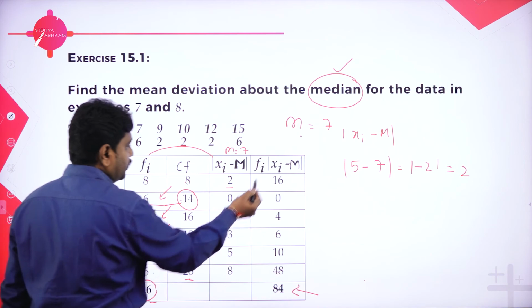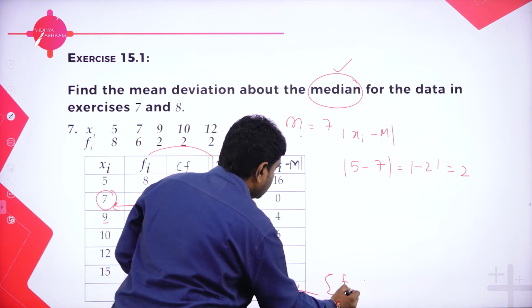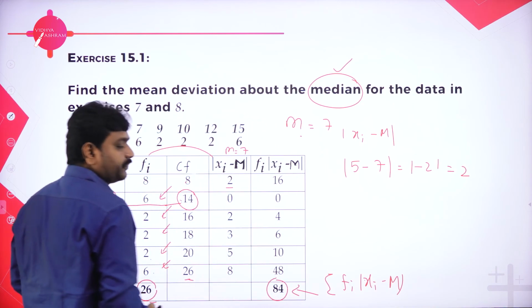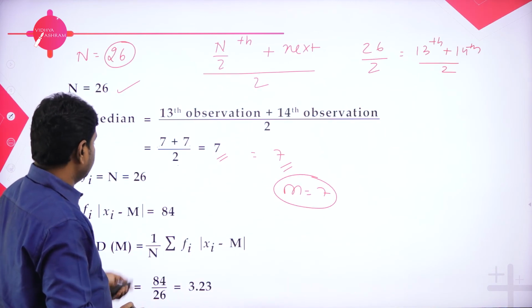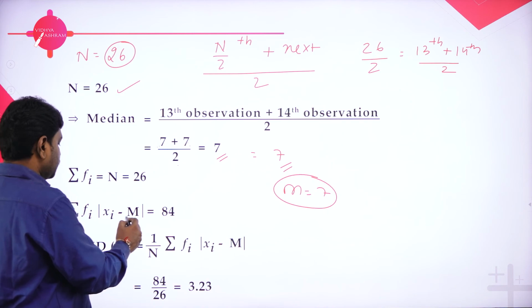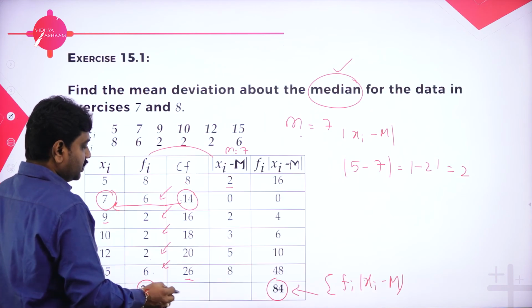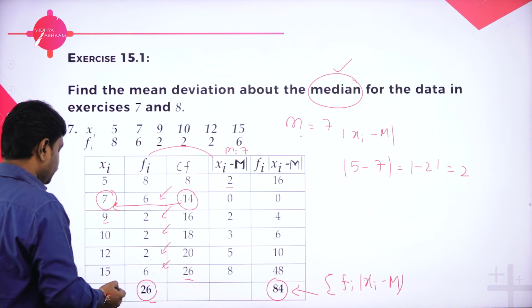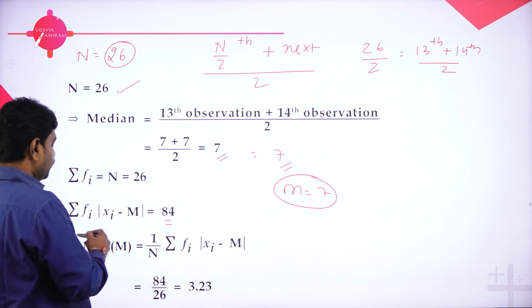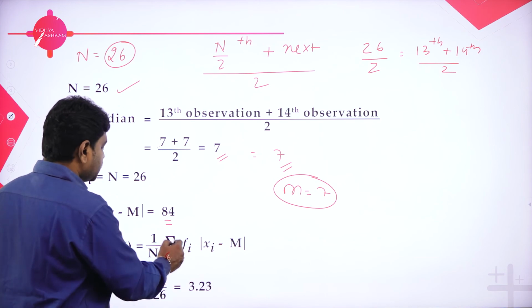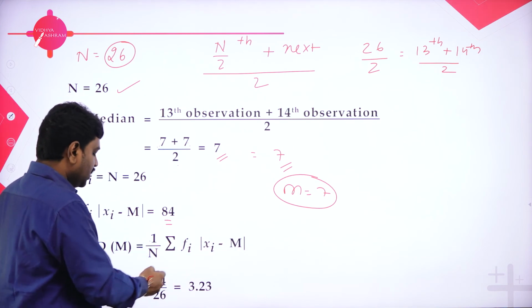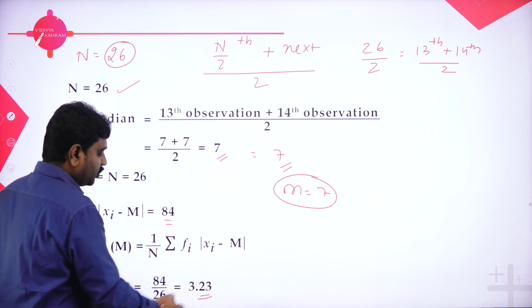When you add this column, you get the summation sigma fi into modulus of xi minus M. Here sigma fi into modulus of xi minus M is 84, and n is the sum of the frequencies, that is 26. So use the formula: mean deviation about median is sigma fi into modulus of xi minus capital M, by n, or into 1 by n. 84 by 26, that is 3.2.